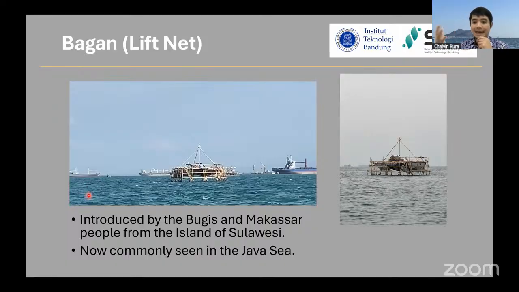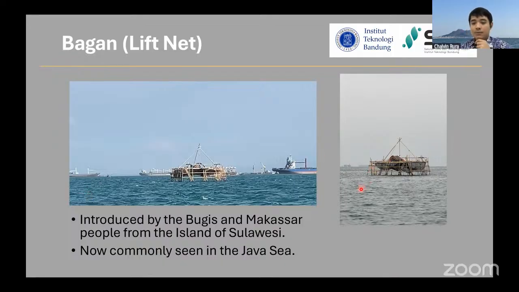building bagan. They use it to catch fish and squid. And usually they have lamps. Now they have lamps, because lamps can attract, especially squid, at night, and they have nets, if you can see.